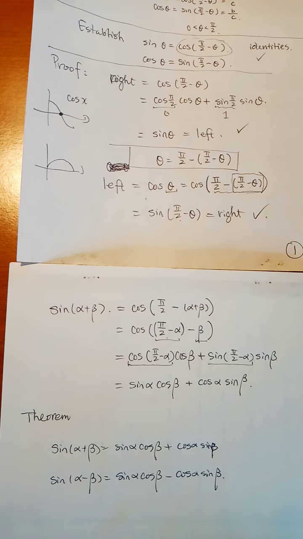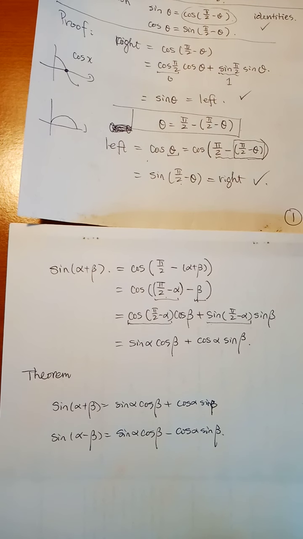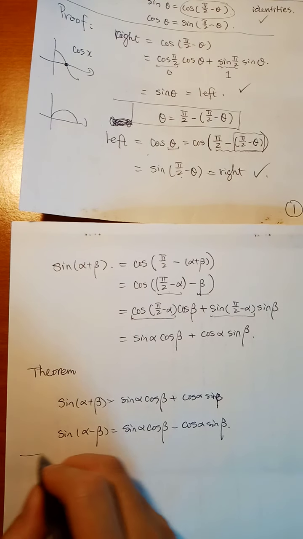So we have 4 formulas: 2 sum rules for sine and cosine, 2 difference rules for sine and cosine. They are very similar, they are close to each other. Memorize them. It's very, very important.